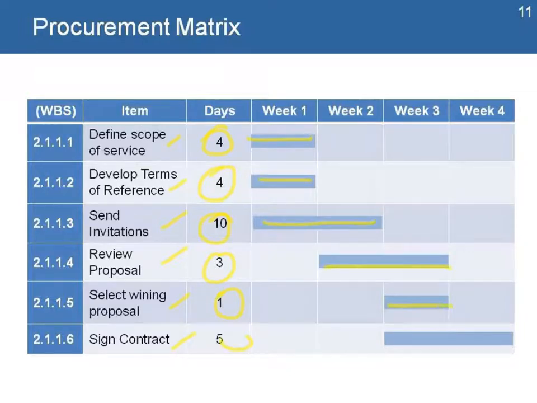So it's a way to help us monitor the procurement process that is not only useful for the project team, but also useful for the procurement unit, because it gives us a sense that we are on track. We can monitor the progress, and if there are any delays in the process, then we can take some actions on the project to see what will be the impact of those delays.